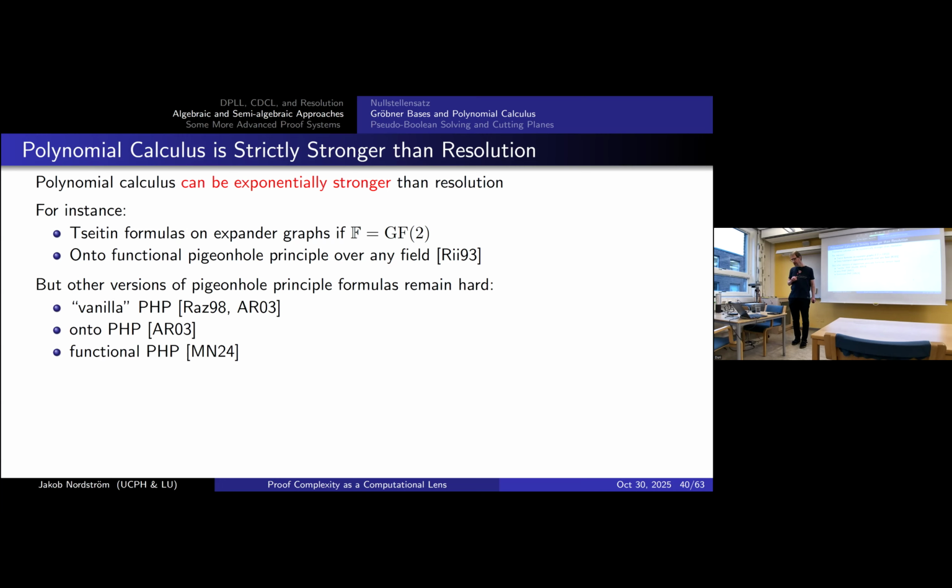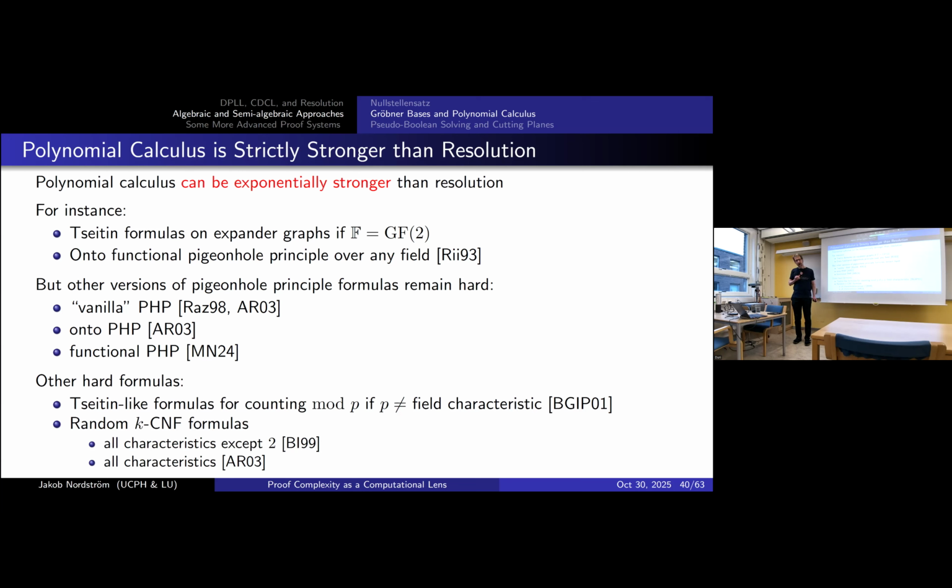However, if you have only onto axioms or functional axioms or none of them, then the pigeonhole principle is still hard. So like the onto functional pigeonhole principle, which basically claims that there's a perfect matching in a bipartite graph with n+1 vertices on the left and n vertices on the right, that is easier for polynomial calculus. Other versions of the pigeonhole principle remain exponentially hard.